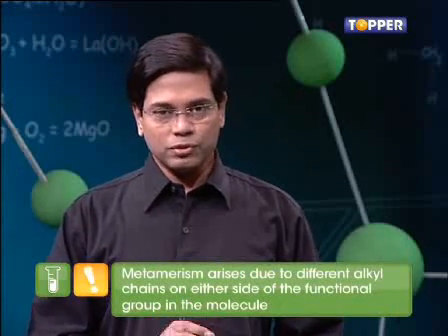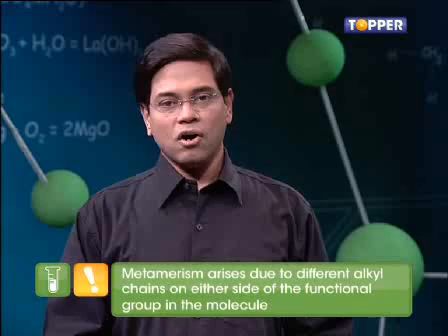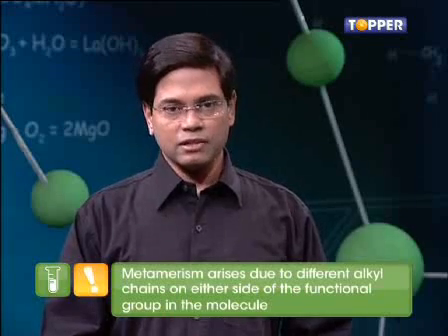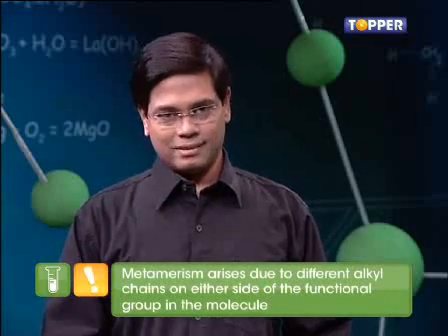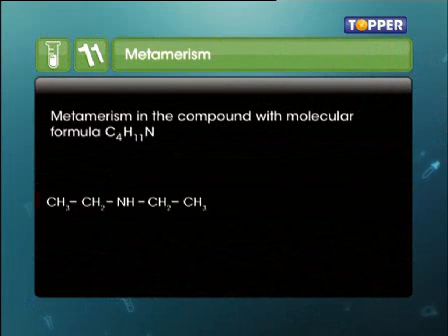The last type of structural isomerism that we will study is metamerism. Metamerism arises due to different alkyl chains on either side of the functional group in the molecule. Let's take an example to illustrate this. The compound with the molecular formula C4H11N shows metamerism.